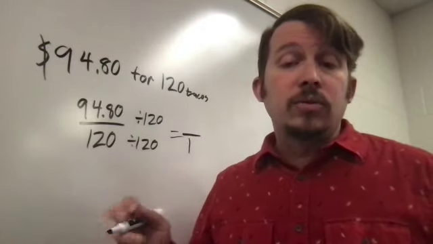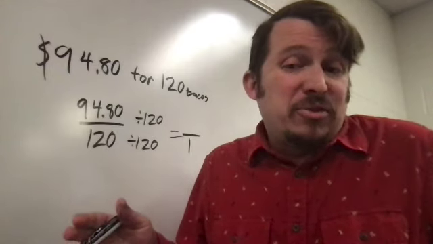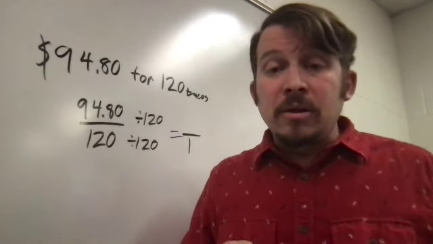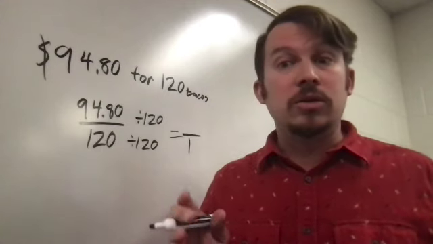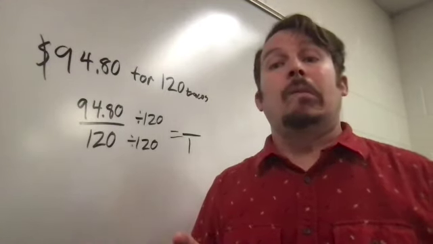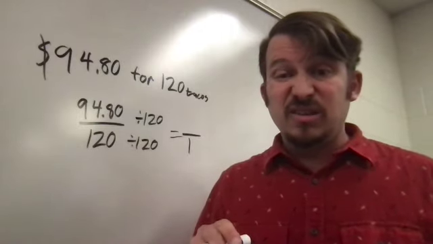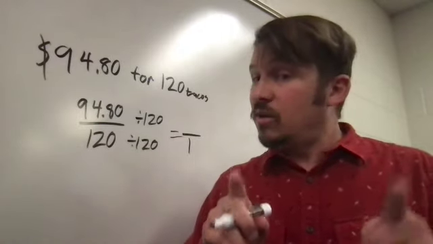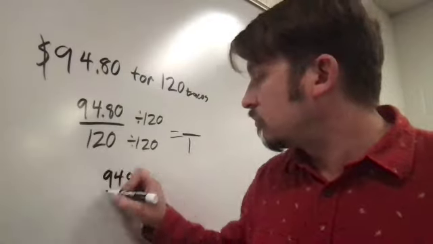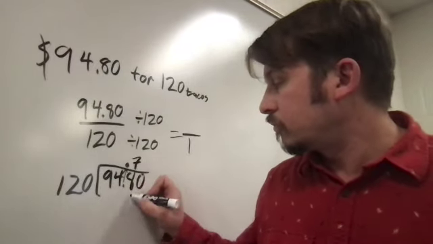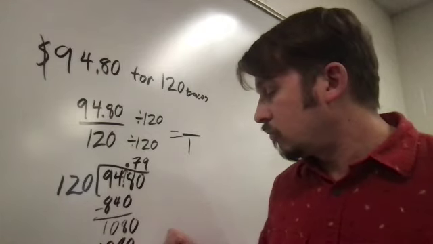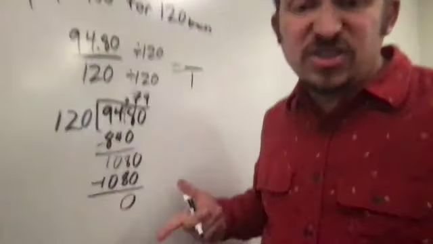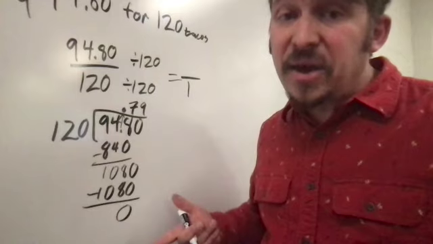Now, for those of you that might feel calculator phobic, we can divide 94.80 by 120 using long division. Here, I'm going to do it kind of fast. Watch closely. Boom, did you see that? Look, it comes out nice and easy.